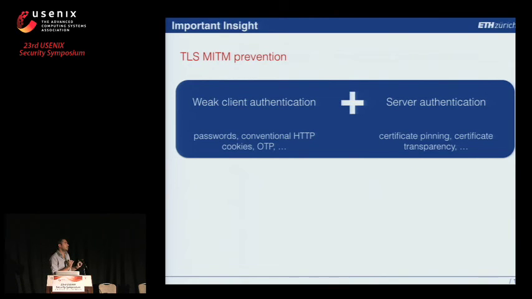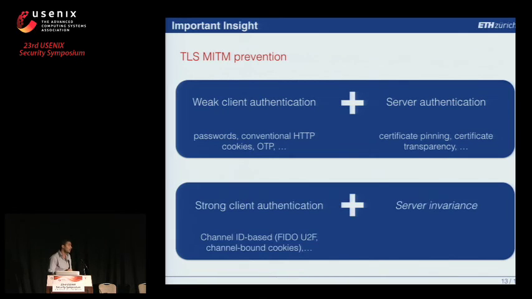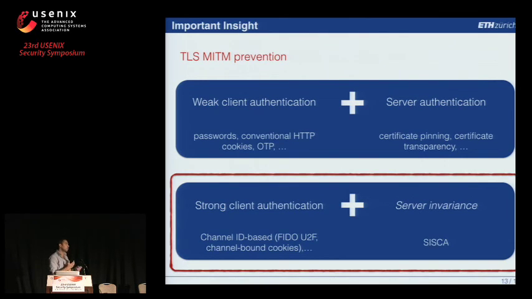And that's why we could leverage solutions like pinning and certificate transparency in order to solve this problem. However, if the web application uses strong client authentication, for example, channel ID-based authentication, then in order to prevent such attacks, we simply need to enforce the property of invariance. And this is exactly what we propose with our solution called SISCA.